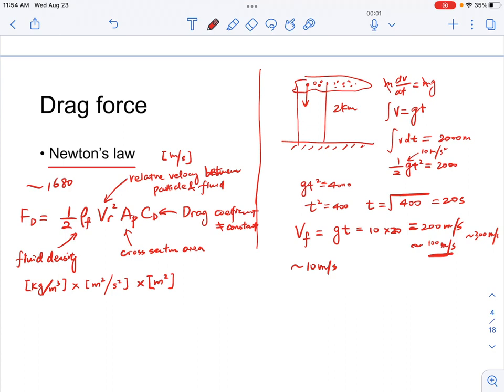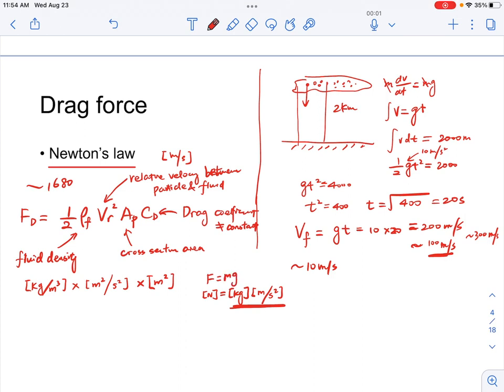So how does this relate to force? We know that the force, if you think about the gravity, in the unit of Newton is equal to the mass, kilogram, multiplied by the acceleration, that is meter per square second. This is how we define the unit of the force, that's Newton.